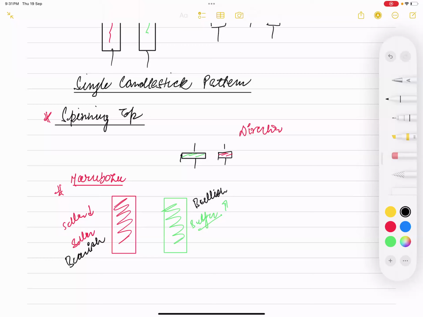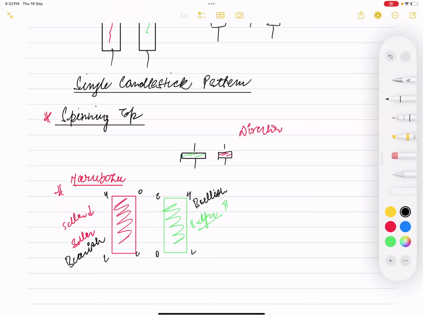If we talk about the bullish one, closing and high both will be equal, and opening and low both will be equal. Likewise, for the bearish Marabuzu, high will be equal to the open and low will be equal to the close.